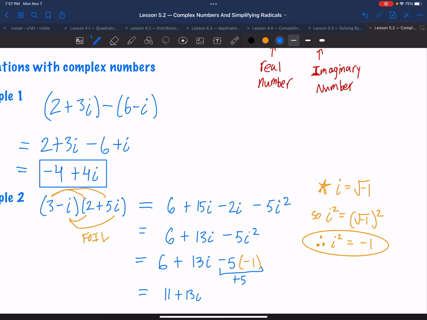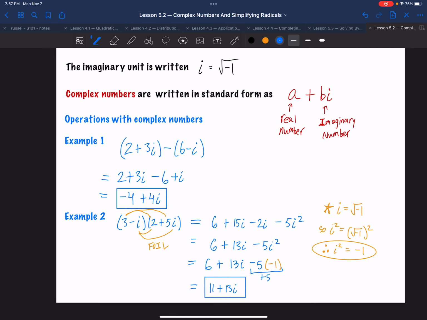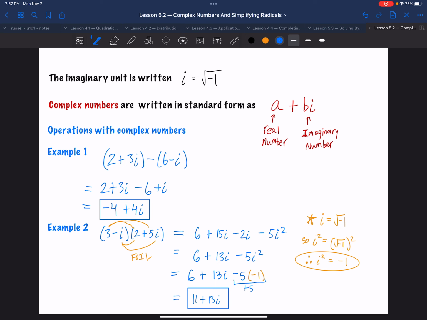And it's 11 plus 13i. And there you have it. That is our standard form complex number, the real and imaginary component. So by using powers of exponents, we can jump from imaginary to real again. And that's useful and important.